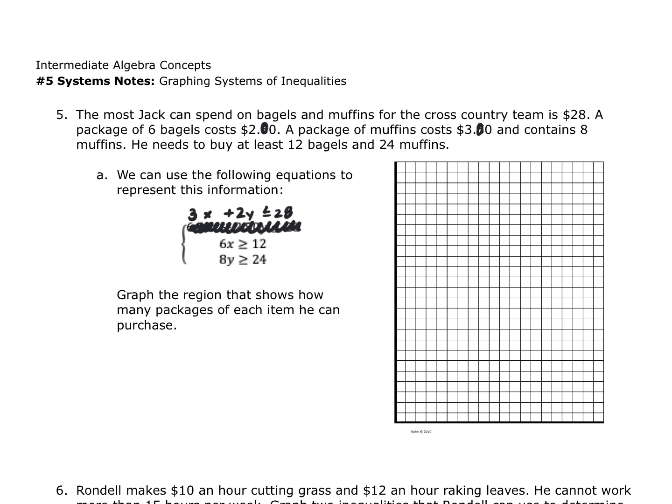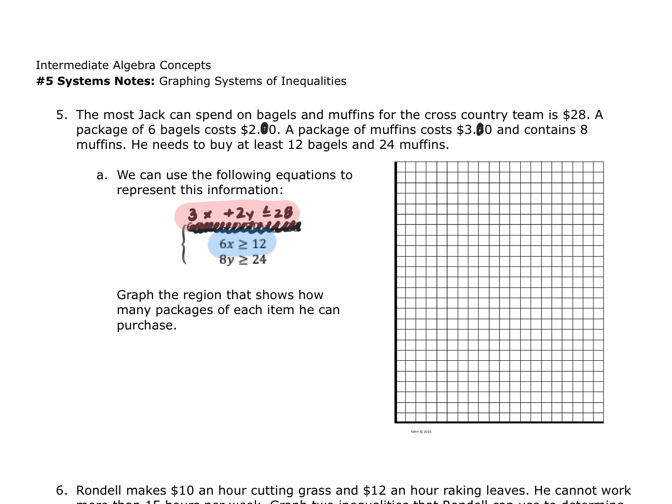So when we talk about this first one, the 3x plus 2y, this is how much they cost. So the $3 for the muffins, and the $2 for the bagels, between the muffins and the bagels, they have to stay under $28. And then when we look at this right here where it says 6x is greater than or equal to 12, that's the bagels.